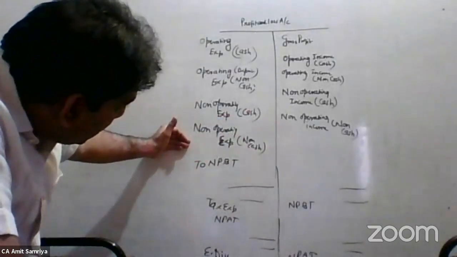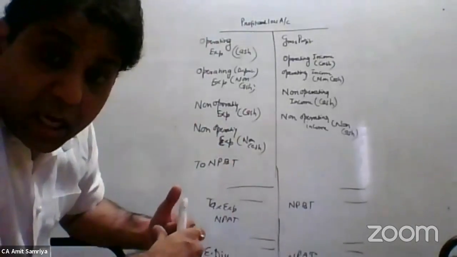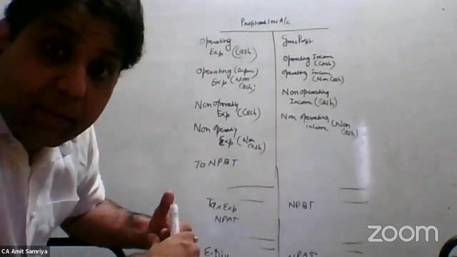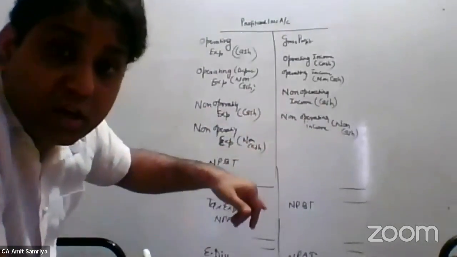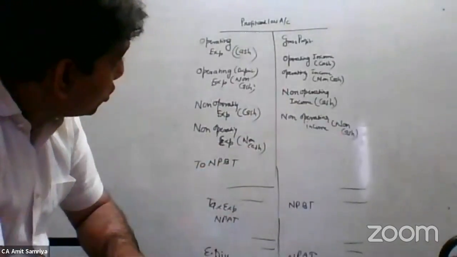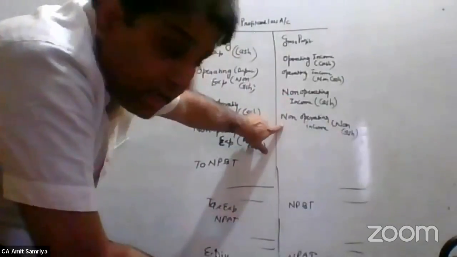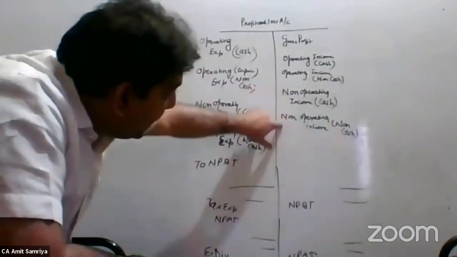Eliminating does not always mean to deduct. If something is already deducted and we have to eliminate its effect, we should add back. If something is already added, and we should eliminate the effect, then we should deduct it. So all non-operating income is reduced from net profit before tax, because while arriving at NPBT, these were added.